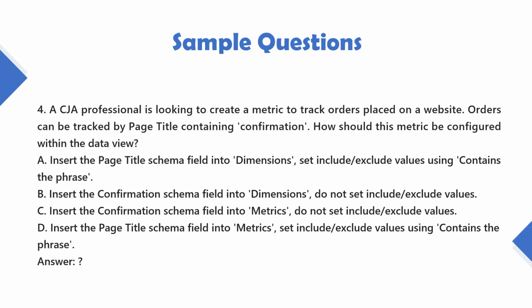B. Insert the confirmation schema field into dimensions, do not set include/exclude values. C. Insert the confirmation schema field into metrics. Do not set include/exclude values. D. Insert the page title schema field into metrics. Set include/exclude values using contains the phrase.